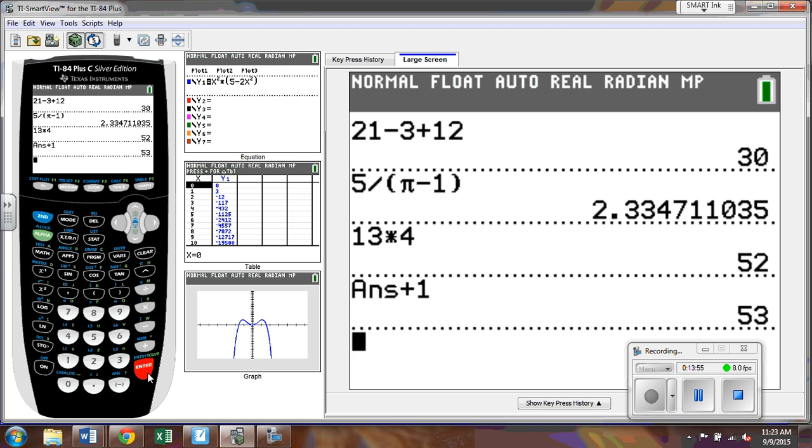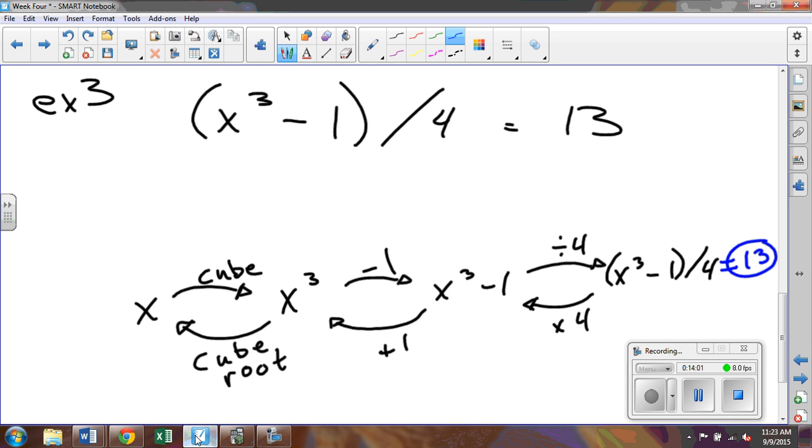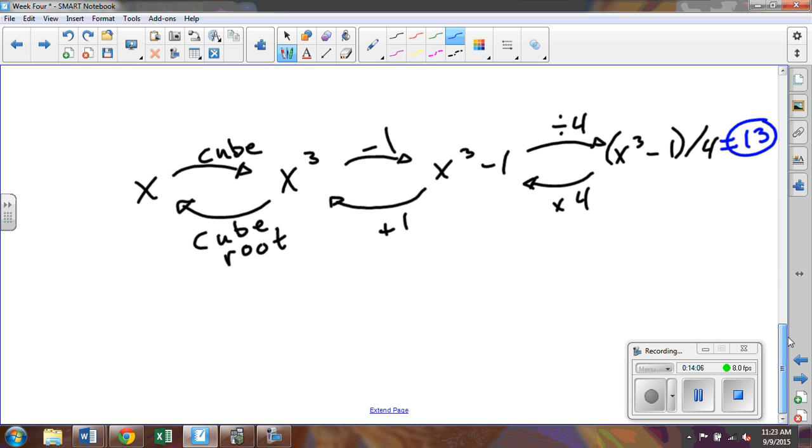With these particular calculators, you need to keep in mind and remember how to take cubed roots. If you take a cube, that's an exponent of 3. To take the cubed root, your exponent is the reciprocal fraction, which is 1/3.